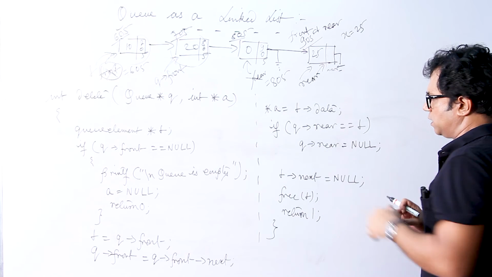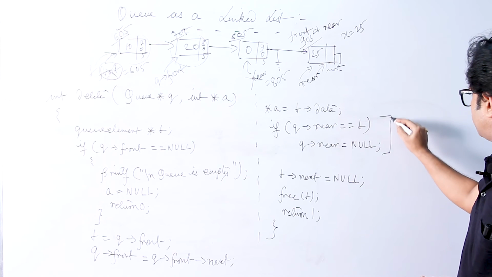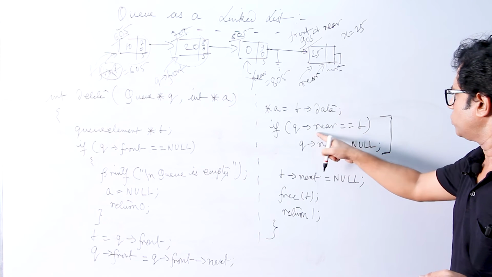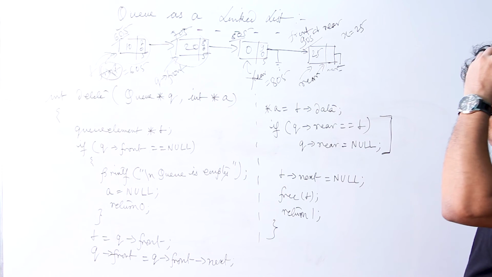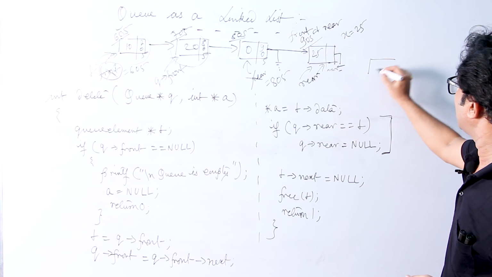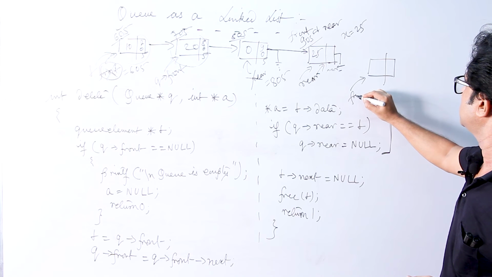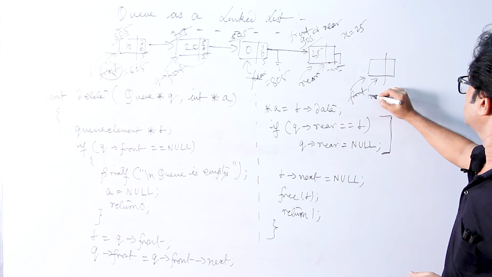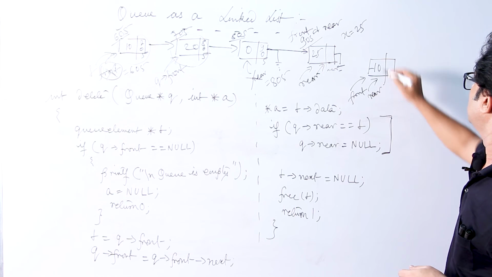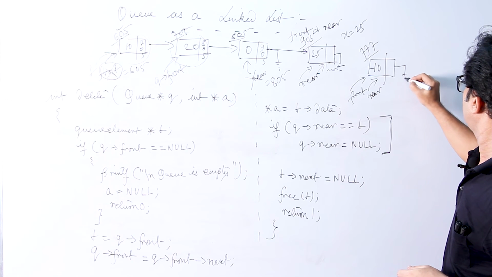This is an interesting part. See this, these two lines are very important and very interesting. If q rear is equal to t, q rear is equal to null. That means the queue would have been a queue containing only one node. Suppose front is here, rear is also here, data is something like -10, memory location say 777, with a null pointer.